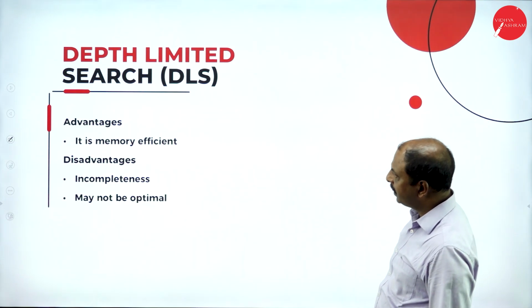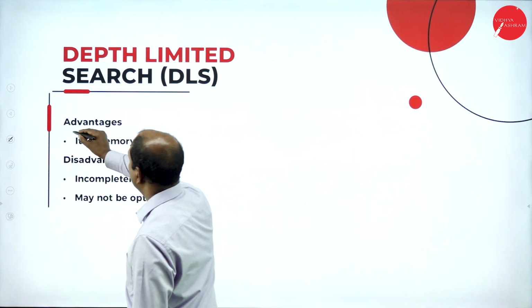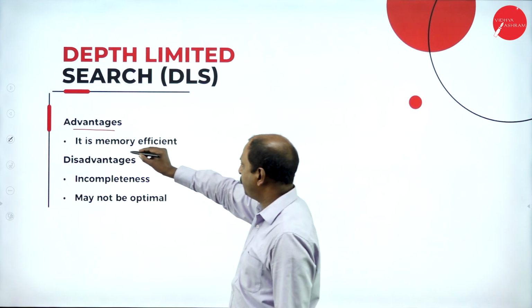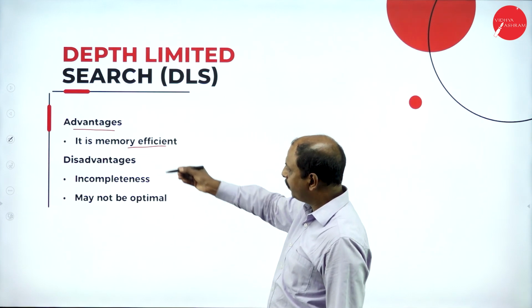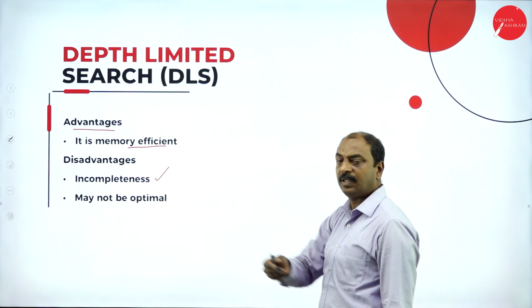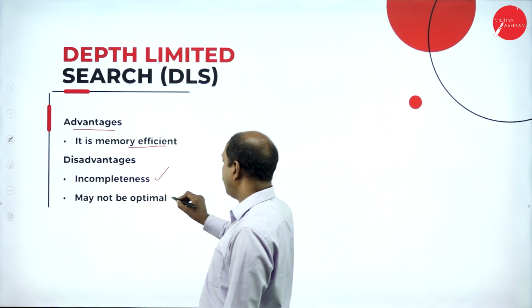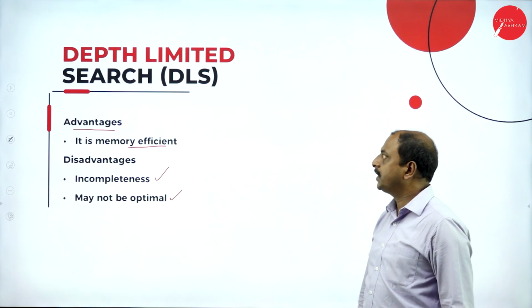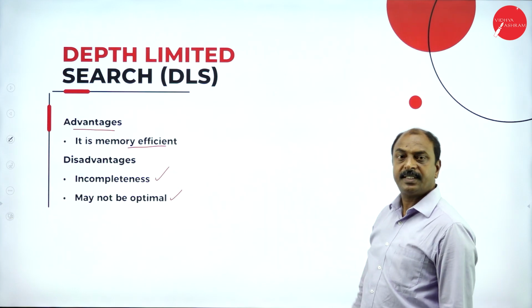In the next slide, we will see the advantages of depth limited search. It is memory efficient, and the drawbacks are incompleteness, as we have discussed in the previous slide, and that it may not be optimal. These are the advantages and disadvantages of depth limited search.